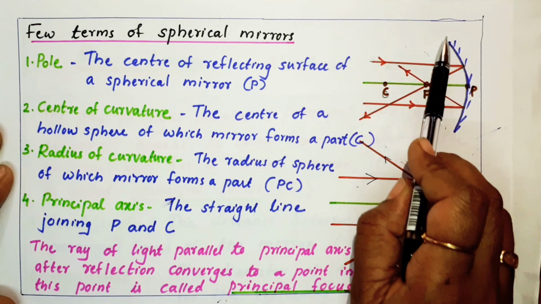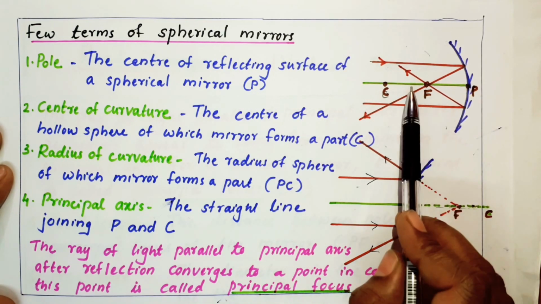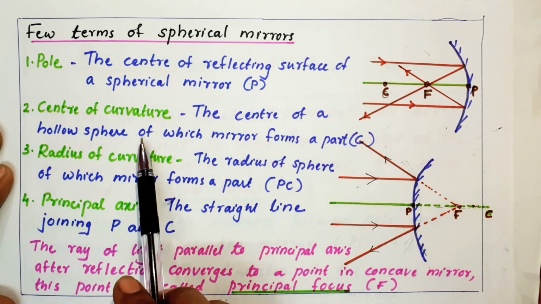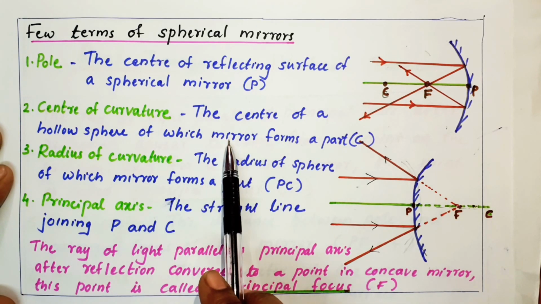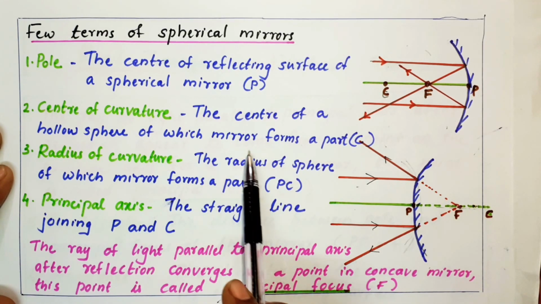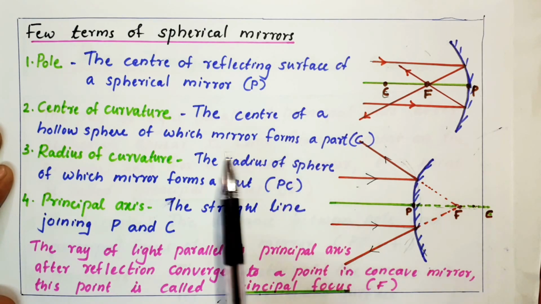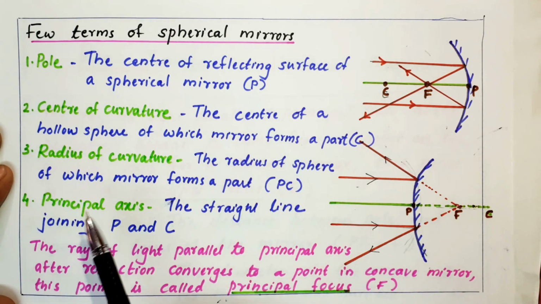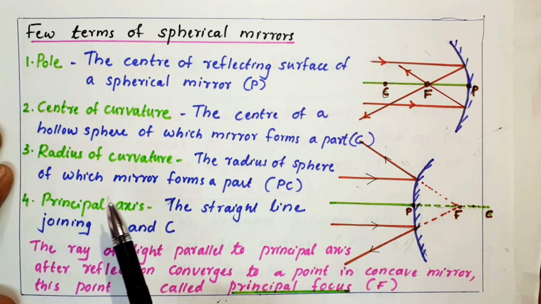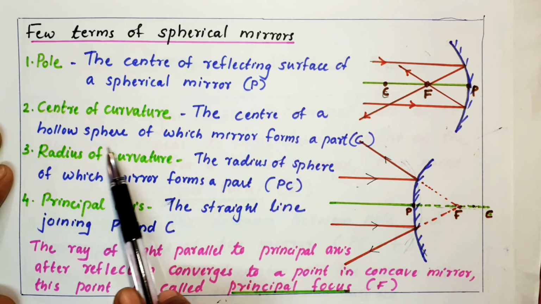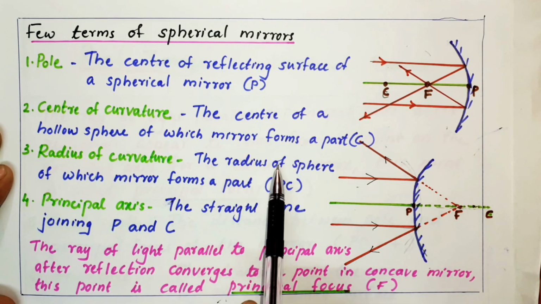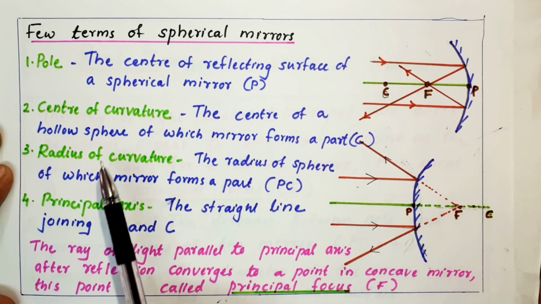This also if you make it as a sphere, it has a center. So the center of the hollow sphere of which the mirror forms a part is called by the name center of curvature. So center of curvature is nothing but the center of a hollow sphere of which the mirror forms a part.